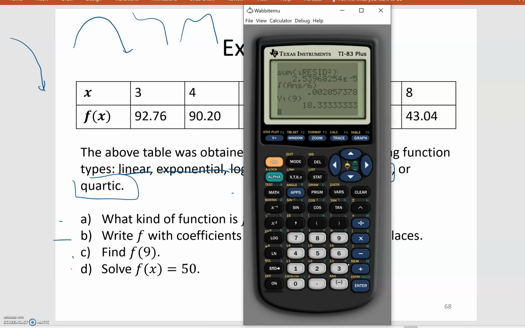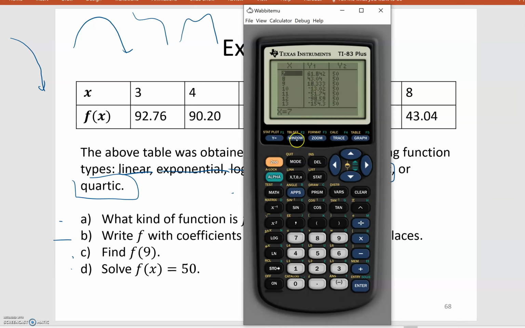Solve f of x equals 50. Okay, that is a calc intersect question. So I'll enter y2 equal to 50. And let's look at our window. Actually, let's look at our table. Okay, so between 7 and 8, we cross 50.